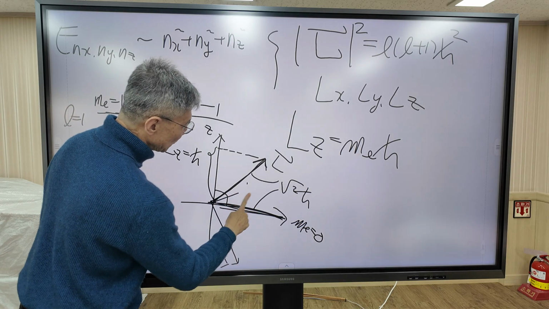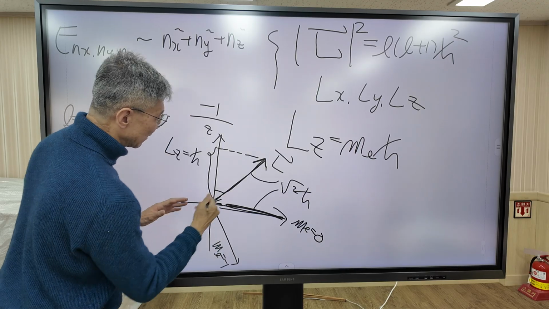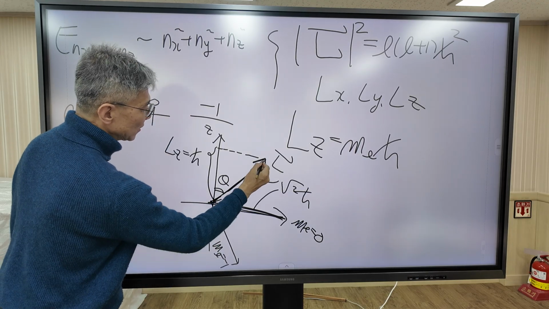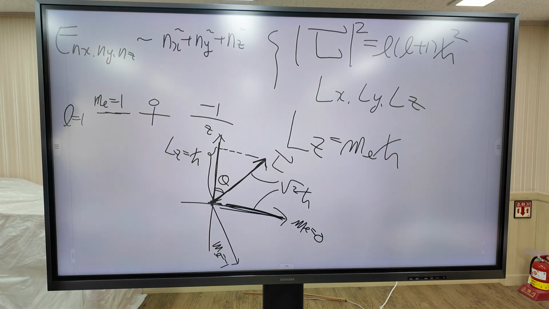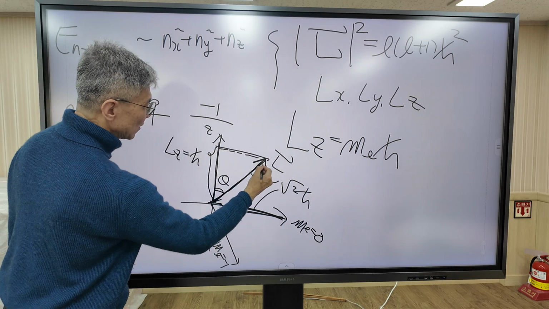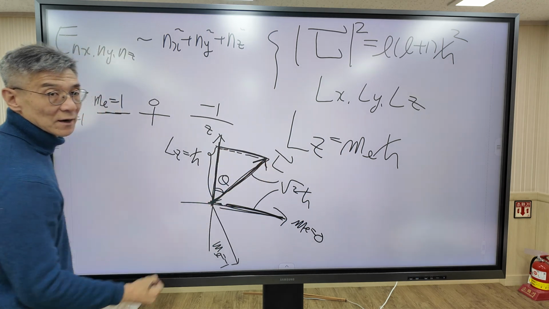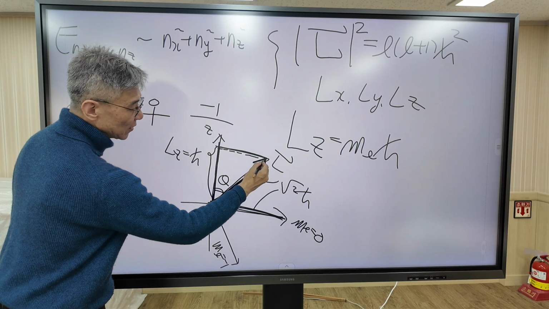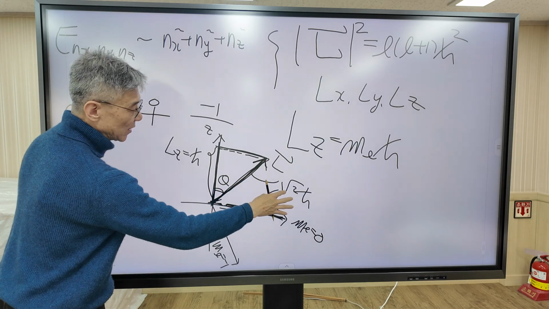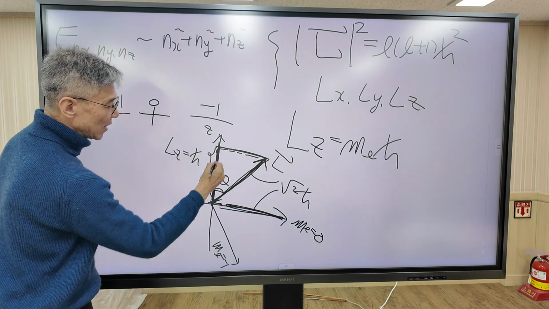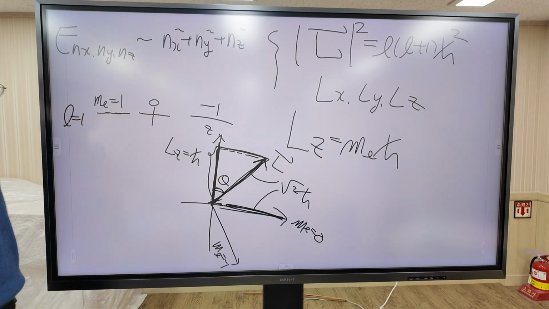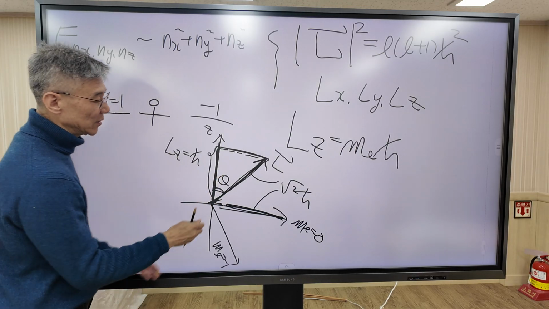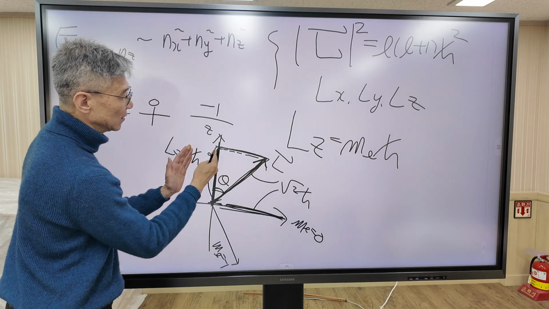Now, can you determine the angle between the angular momentum vector and the z-axis? This forms a right triangle. So the hypotenuse is square root 2 h bar, and this side is h bar. So you can determine theta, the angle between the angular momentum vector and the z component.